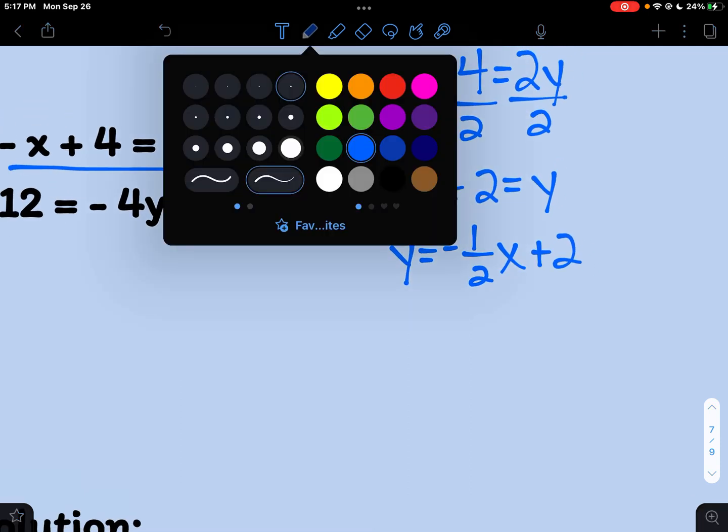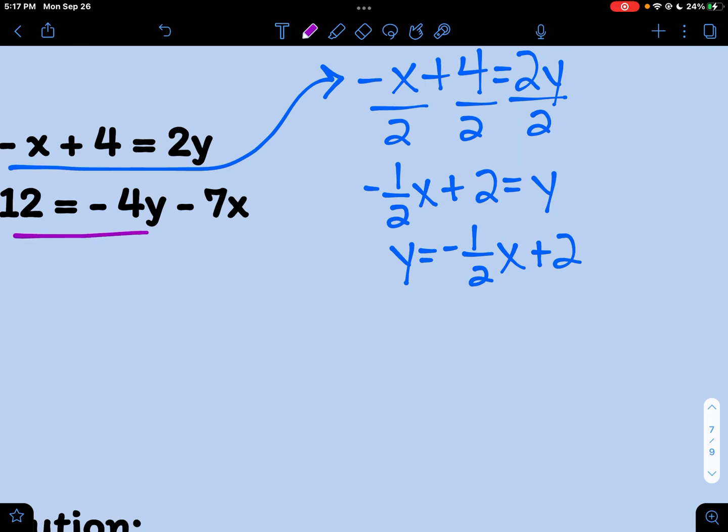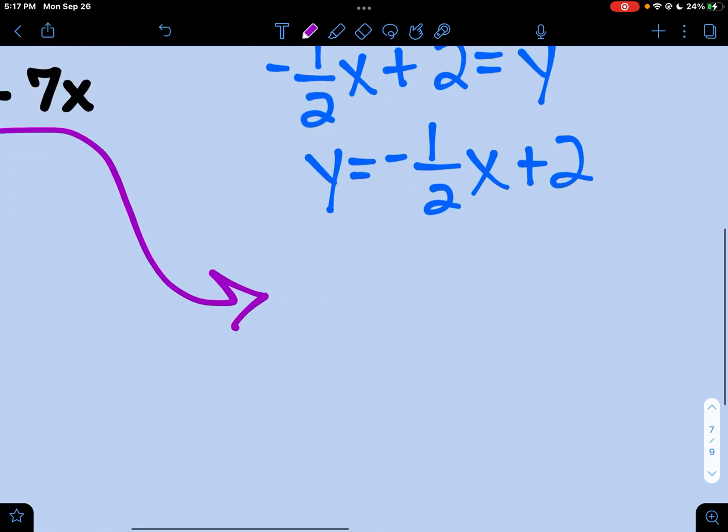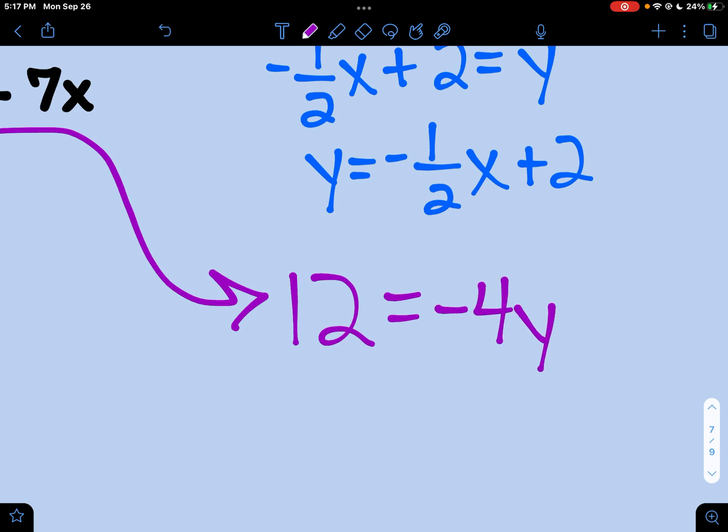I'm going to grab another color here and pull that down. 12 equals -4y minus 7x.